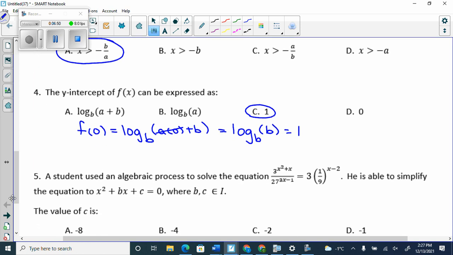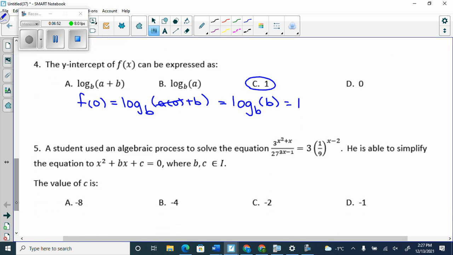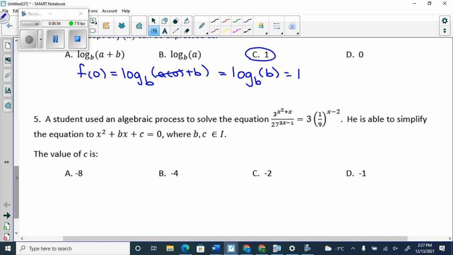Number 5, we have to make common base. So we're going to get 3 to the x squared plus x. 27 is 3 cubed, to the 3x minus 1, equals 3 to the 1, which I'm going to put as a 1 so I don't forget it, because I have to add a 1 to it.